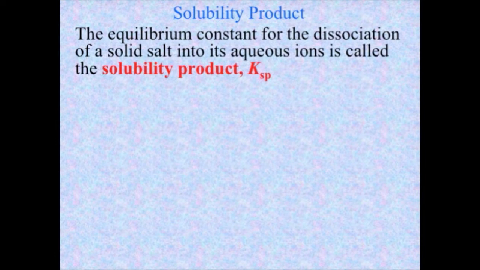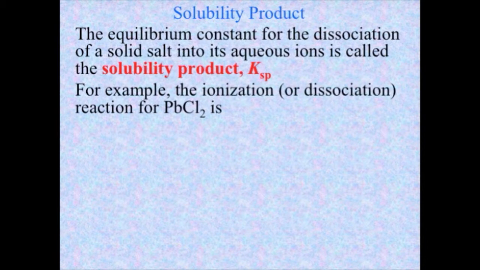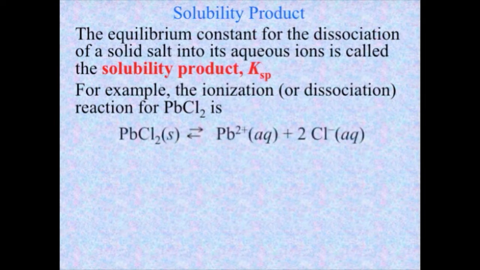Now let's talk about solubility product. The equilibrium constant for the dissociation of a solid salt into its aqueous ions is called the solubility product, Ksp. For example, the dissociation reaction for lead chloride is: lead chloride as a solid breaks up in water to form lead ions in the aqueous phase and 2 chloride ions in the aqueous phase.